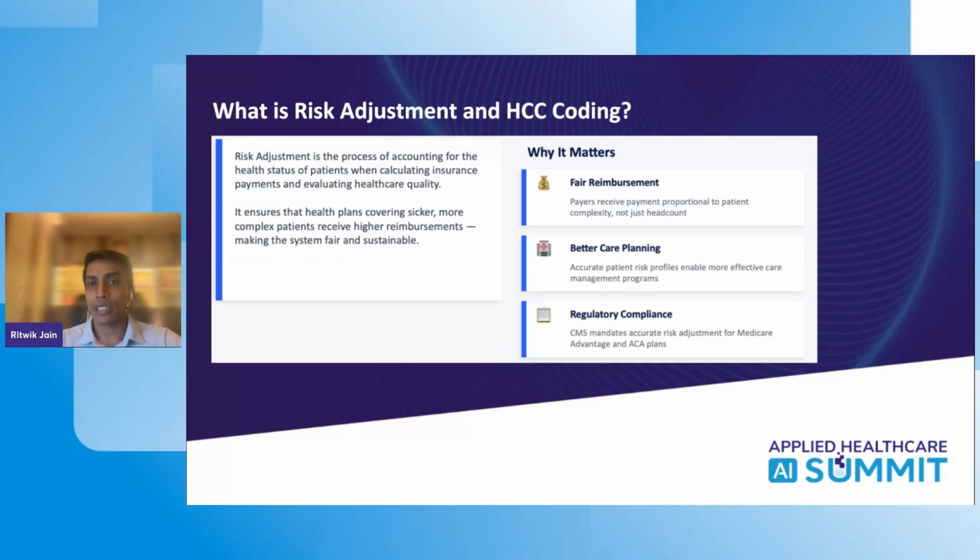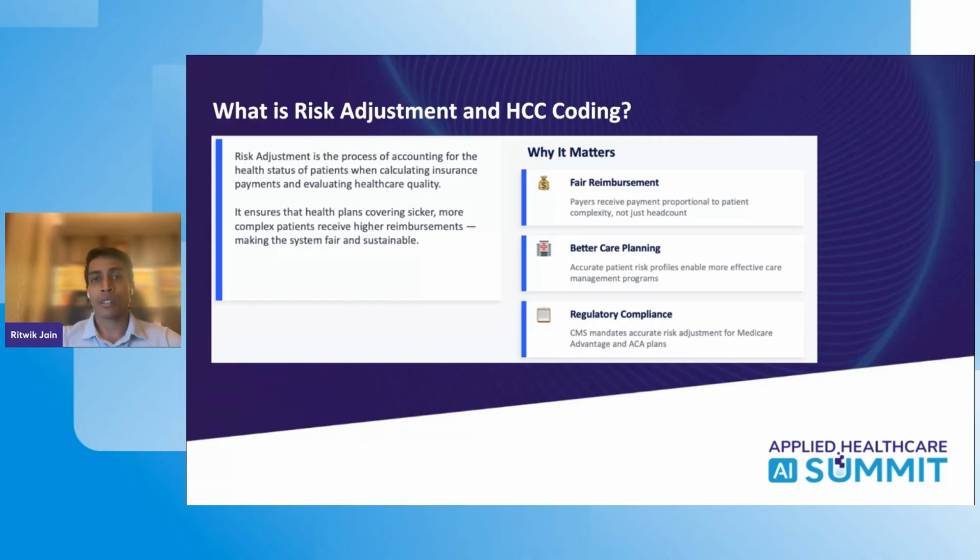Think about it this way: a health plan covering a population of relatively healthy 40-year-olds is going to spend very differently than one covering patients managing multiple chronic conditions like diabetes, heart failure, or let's say chronic kidney disease. So risk adjustment ensures the system stays fair.